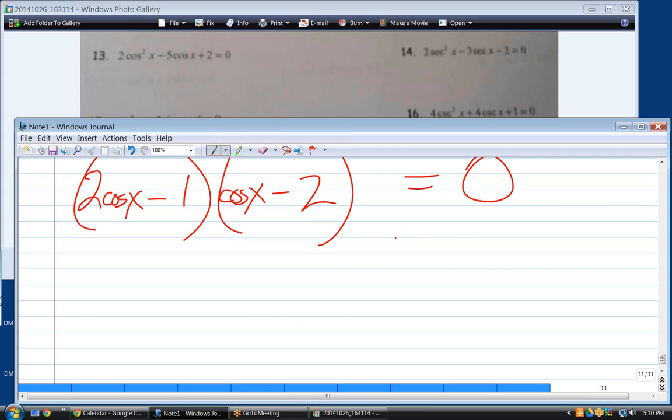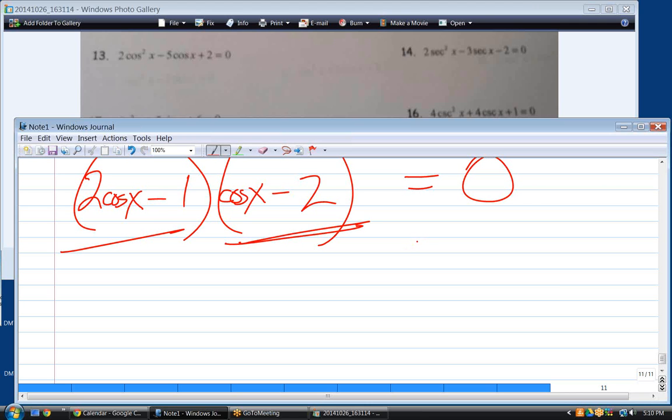Now what? Let's do this one first. So this times this equals 0 means what? That one of them equals 0.